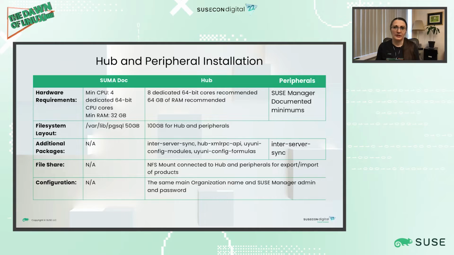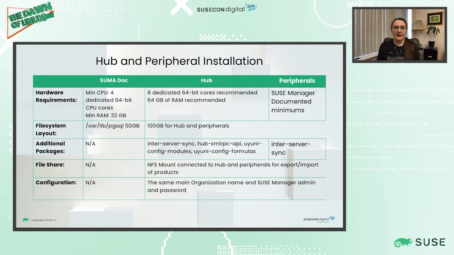Of course, it does depend on how many products or how many various operating systems you have in your environment that you need to manage, but increasing it to 100 gigabytes for the hub and for the peripherals is going to help with that import and export as well.